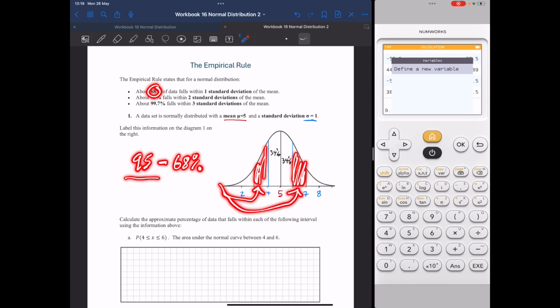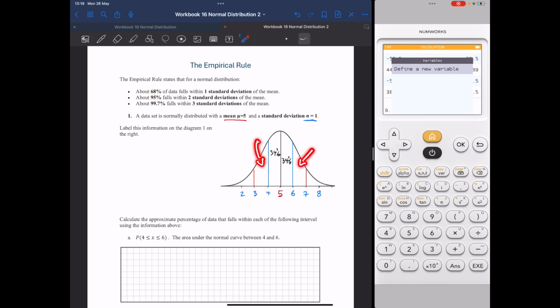And if we divide that answer by 2, then we're going to get these individual areas for here and here. And if you do that, you will get the number 13.5%. 13.5.